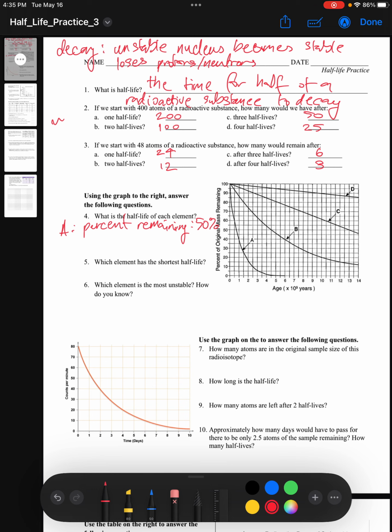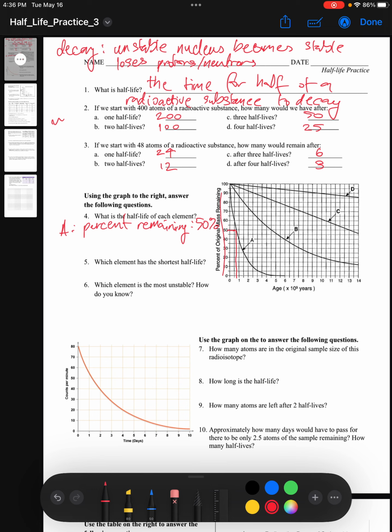So which axis is the percent remaining? That's the y-axis. When the percent remaining is 50%, what is the time? The time is about 0.7.